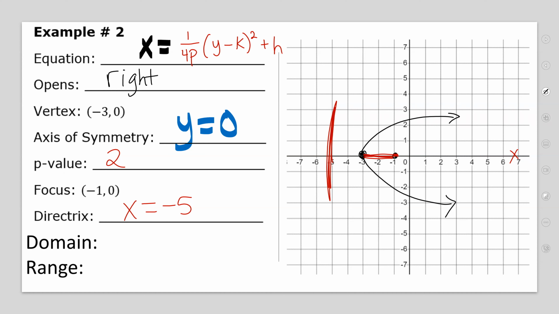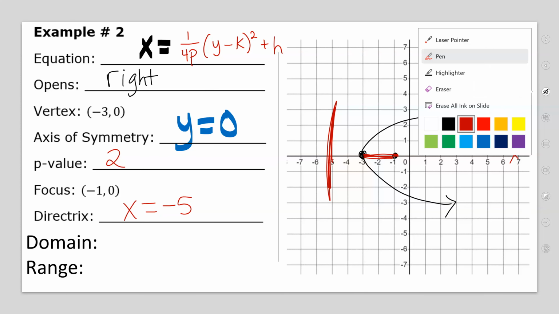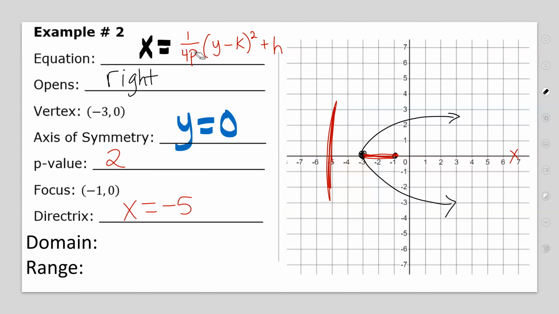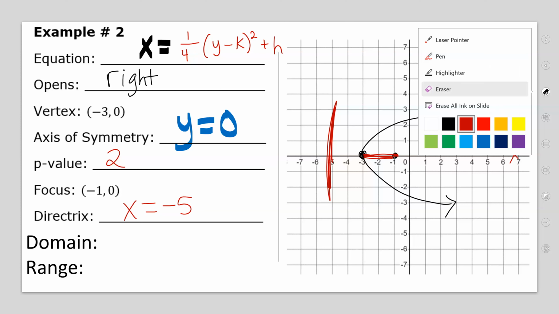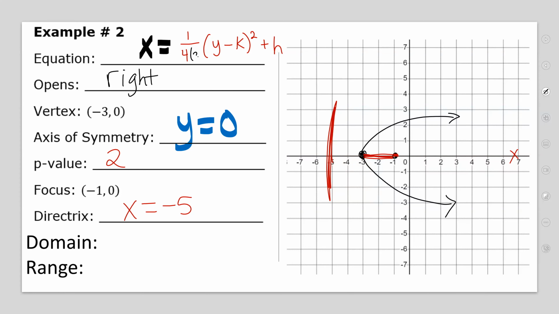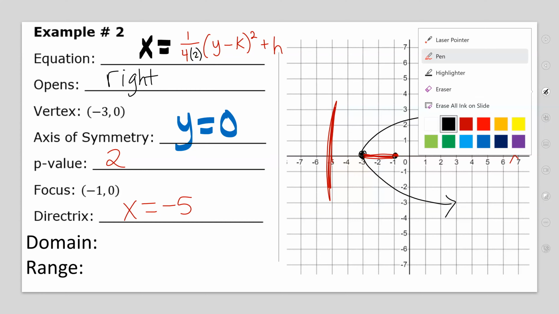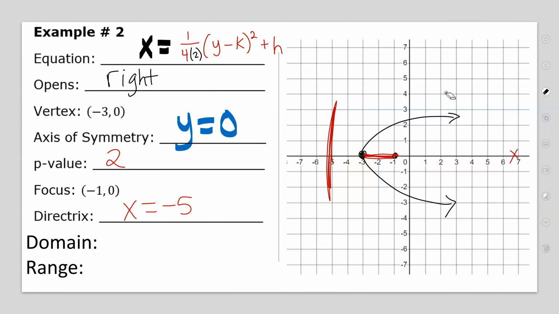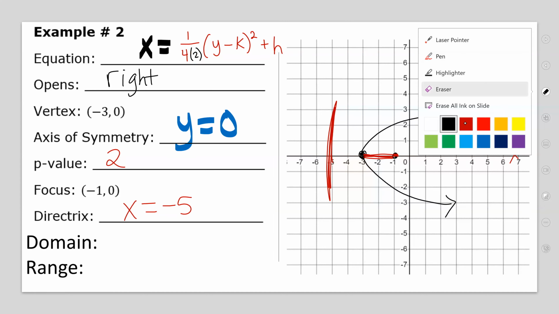Now, just like we did yesterday, we're going to replace what we know. So I'm going to erase the p, and what did we say p was? We said p value was 2. So I'm going to put a 2 in there. I'm going to put a 2 right here. Now, guys, notice it is switched. Everyone, please write this down.